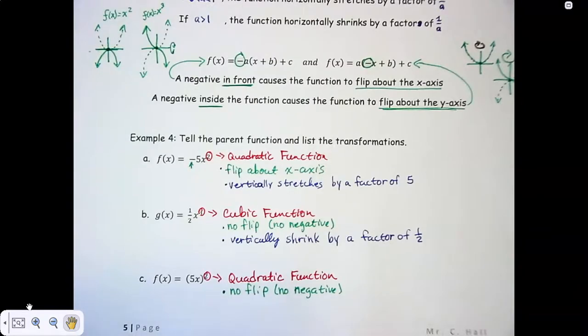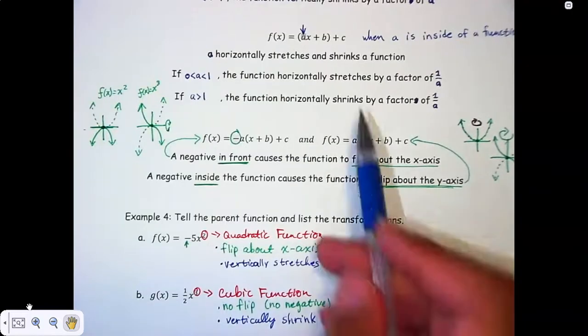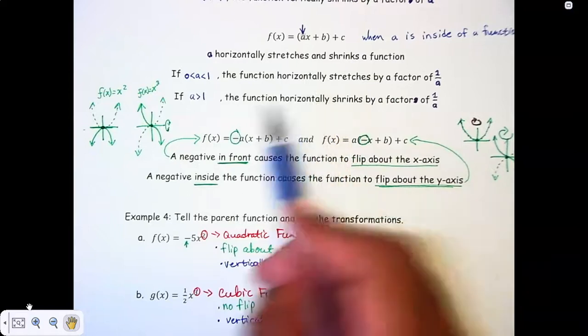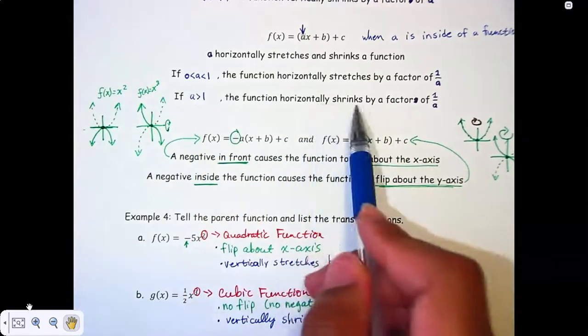All right. So the last part with this one, the 5 is inside the parentheses this time. So it means we have to look at this portion right here, the inside. And we say it's 5. So that means 5 is greater than 1, so it's going to horizontally shrink.